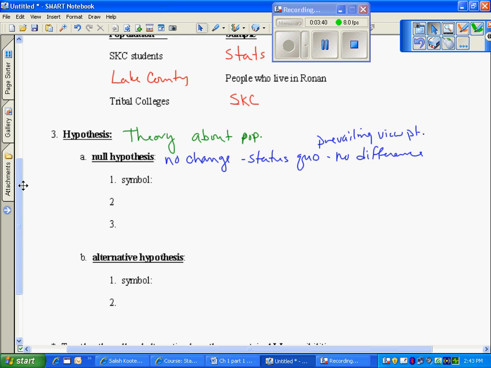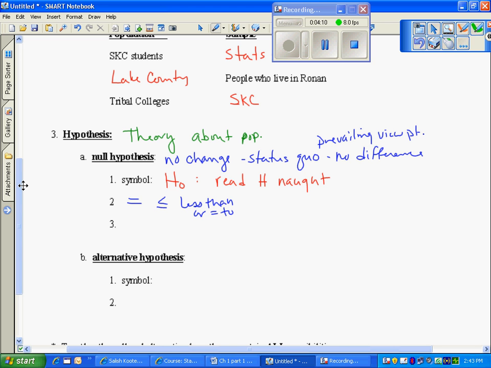The symbol that we use for the null is an H with a little circle, called naught, or not. When you read in the textbook, it's going to be read H-not. And mathematically, the symbols that this statement contains would be the equal sign, and that's most often. Sometimes it's written as less than or equal to. And we need to make sure that we understand that's less than or equal to.